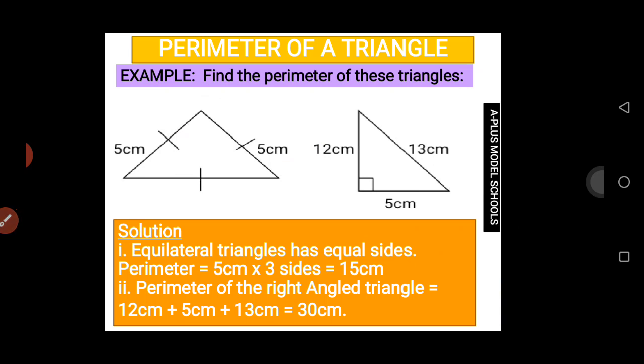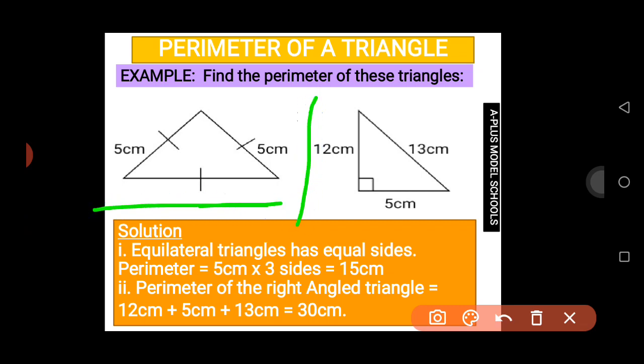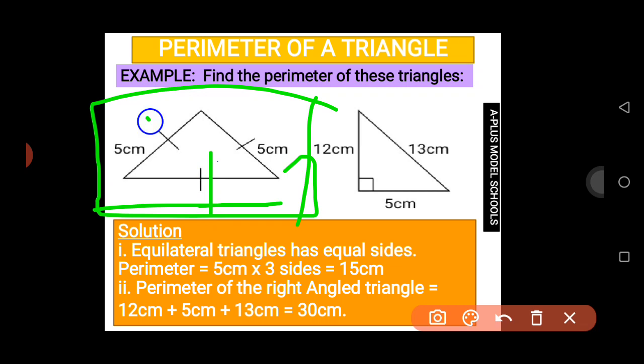Now let's move to the perimeter of a triangle. I have told you that perimeter is when you add all the sides of that shape together. So look at another example under perimeter of a triangle. When you look at the first triangle here, you will see that it is an equilateral triangle. When you look at the symbol, it shows that this side, this, and this side are equal.